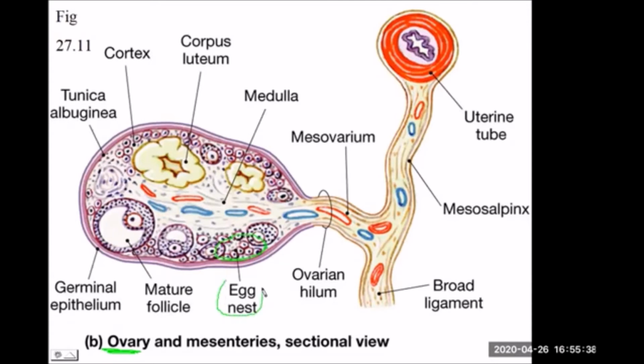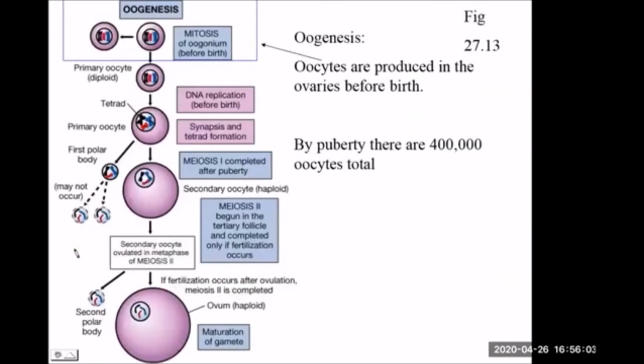So the majority of the mitosis, the creation of stem cells, has occurred before a woman is born. Over time, once a girl reaches her reproductive years, the eggs that are already produced start to develop their follicle structures. And ultimately, at the stage of a mature follicle, the ova is released for possible fertilization.